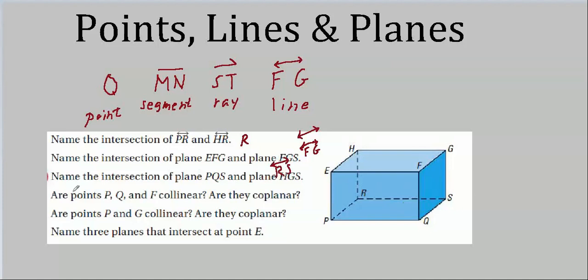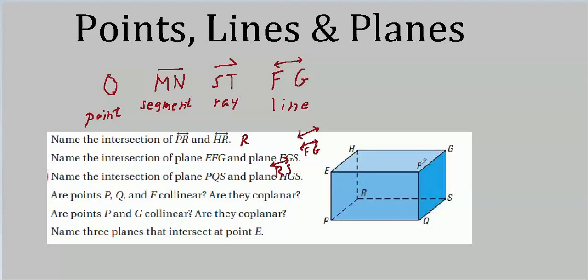Now, are points P, Q and F collinear? Well, there's P, there's Q, and there's F. Do they all lie on the same line? No. FQ would form one line, or a segment. I know it's drawn as a segment, but FQ can also be considered a line. We just have to write it that way.